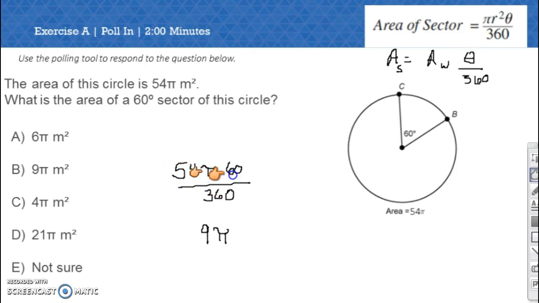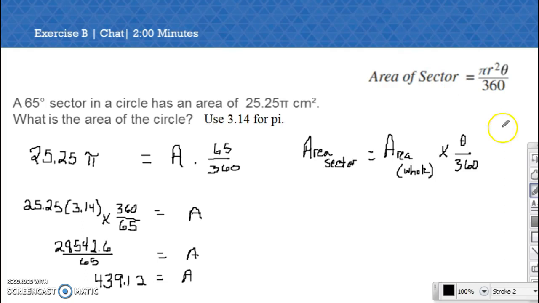Notice these are all left in terms of pi, so you can leave pi. 54 times 60 divided by 360 gives you 9. You could also take the percentage: 60 over 360 is 1/6, and 1/6 of 54 is 9 as well. Either way works just fine.